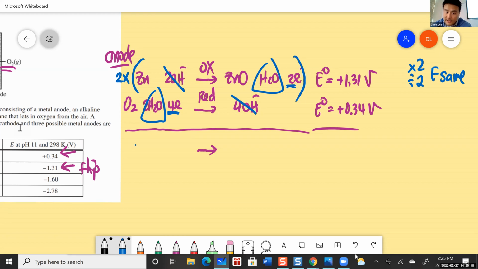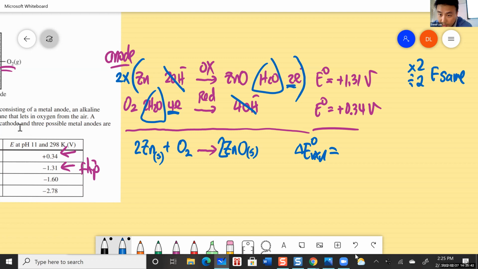So what is left is 2 zinc solid plus oxygen, and you're going to get zinc oxide times 2, which is also solid. Ionic compounds are solid. Zinc is a metal, oxygen is a non-metal, so it is an ionic compound. That is my overall reaction, and my cell potential will be the sum of those, so it's positive 1.65 volts.